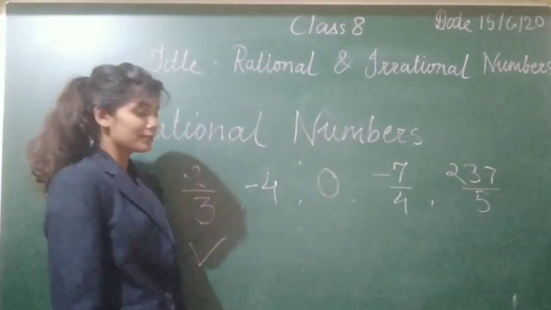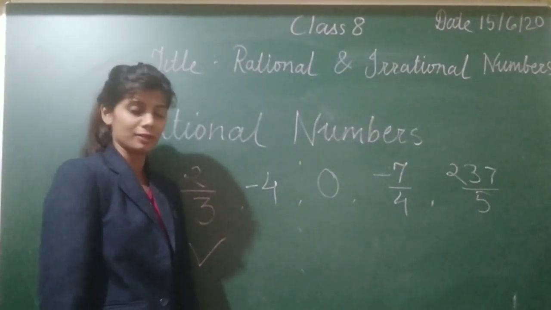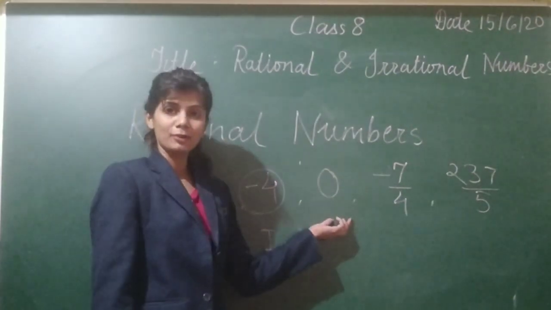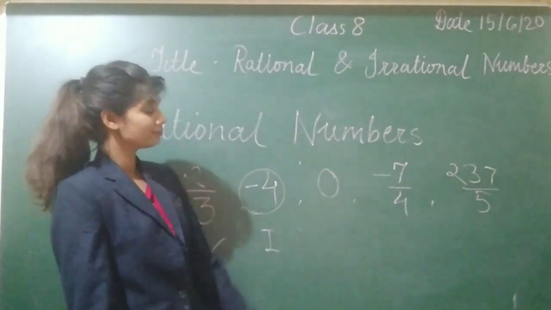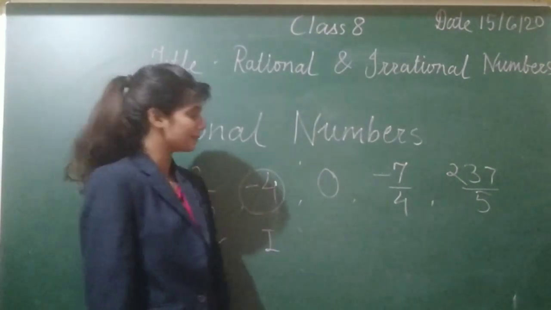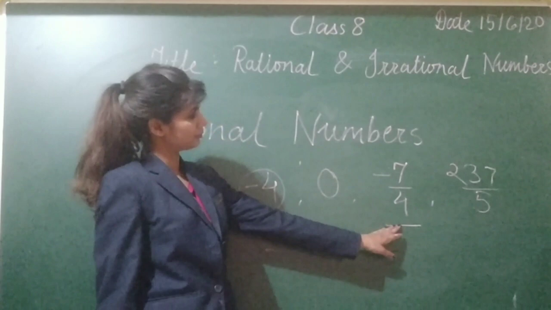What about this? Minus 4. Minus 4 is a negative number. We can consider this as an integer. What about this 0? 0 can be a whole number. 0 can be an integer. Now, this minus 7 by 4.